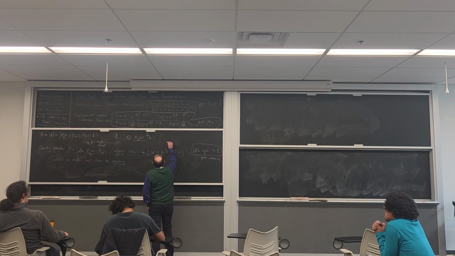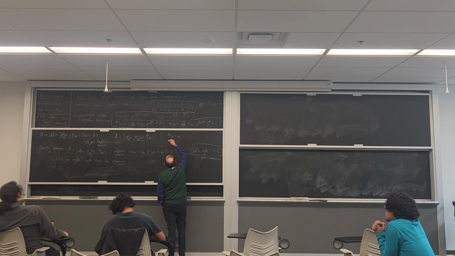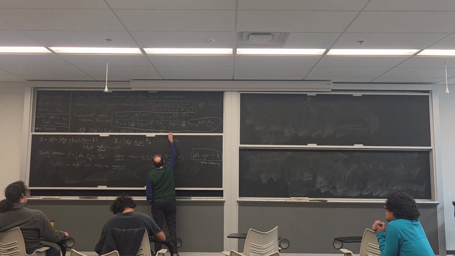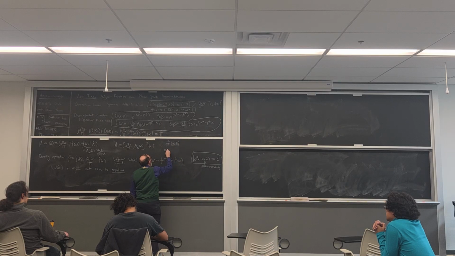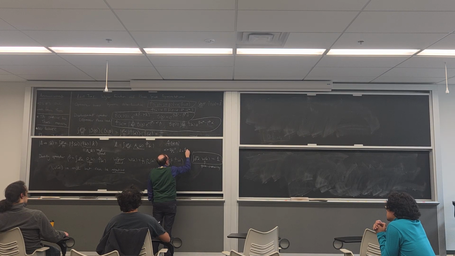So t as a function of alpha is equal to... if I look at t as a function of x and p, I'm going to define alpha as this and a as this.